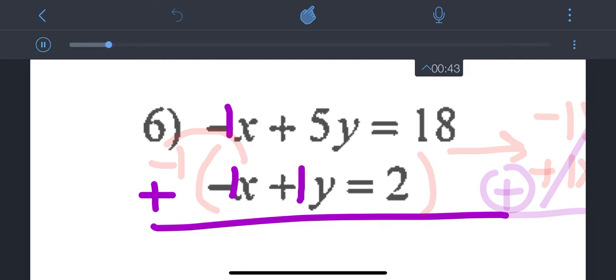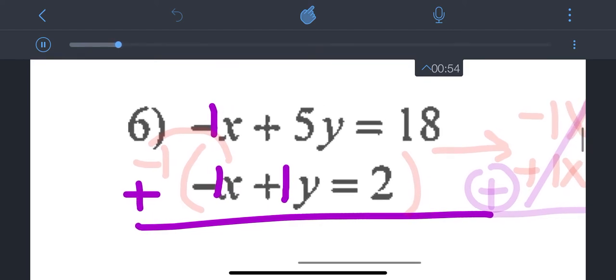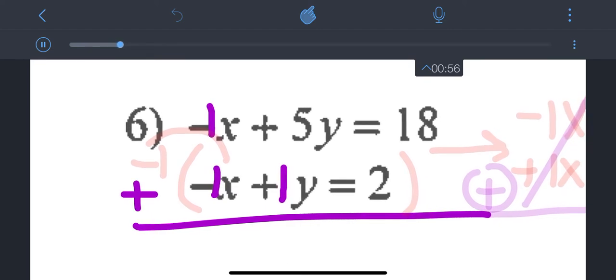And in front of the y here, we have a 1, so 5y plus 1y is 6y, so that didn't cancel either. So we have to do something to one of these equations so that something will cancel. Now remember, the goal is to get either the x's or the y's to have the same number in front of them, but have opposite signs.